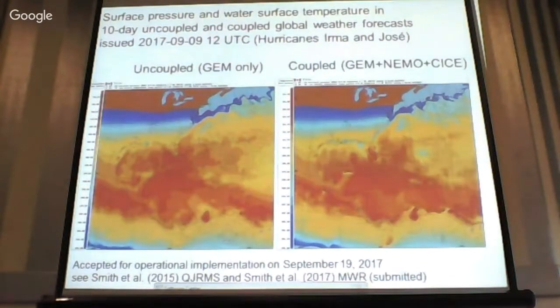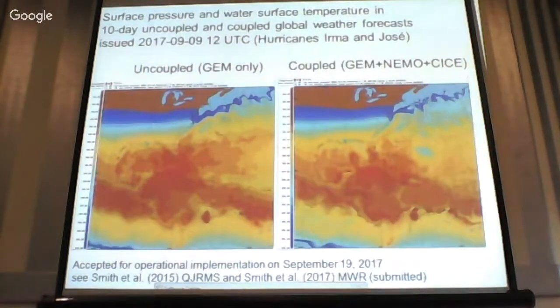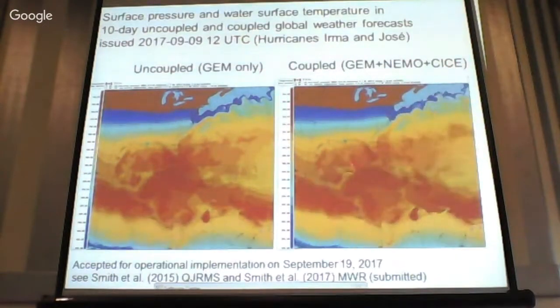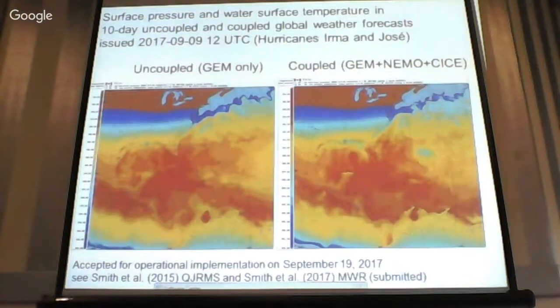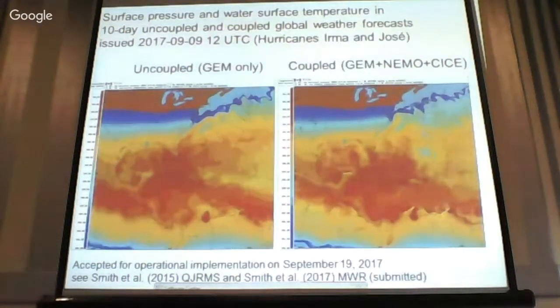This is the uncoupled forecast that was operational at the time, and this is the parallel run where you see the wake of the two hurricanes in the SST, but it also changes the intensity of the hurricanes themselves. So the hurricanes actually become less intense when we activate the two-way coupling.